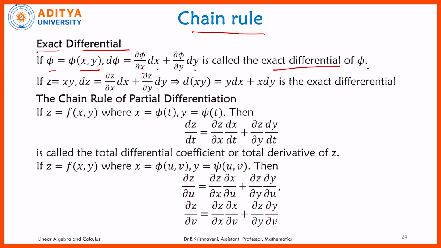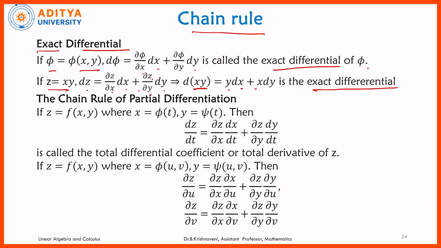So if you take any function z is equal to xy, if we want to find the exact differential, the formula is dz is equal to dou z by dou x into dx plus dou z by dou y into dy. So d of xy is equal to dou z by dou x, that is y dx, plus dou z by dou y, which is x dy, gives the exact differential.